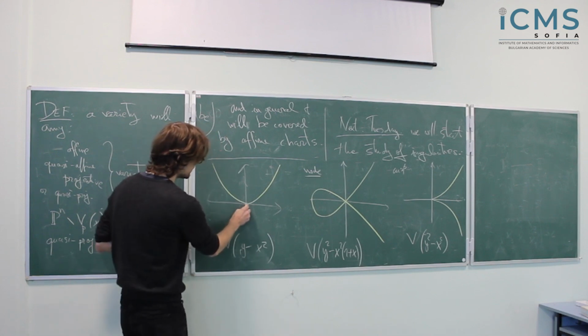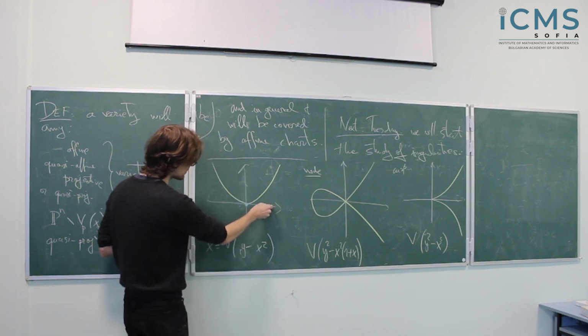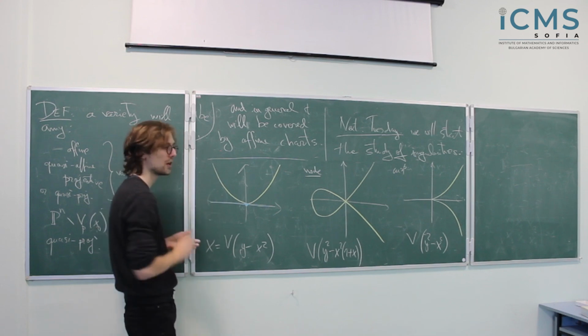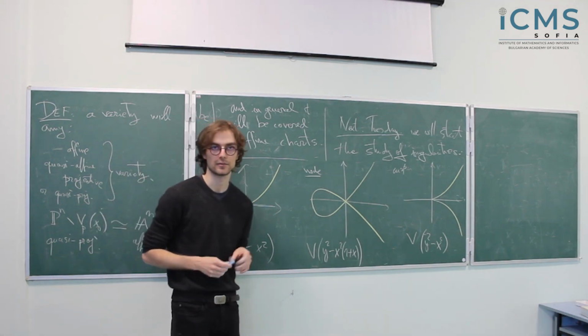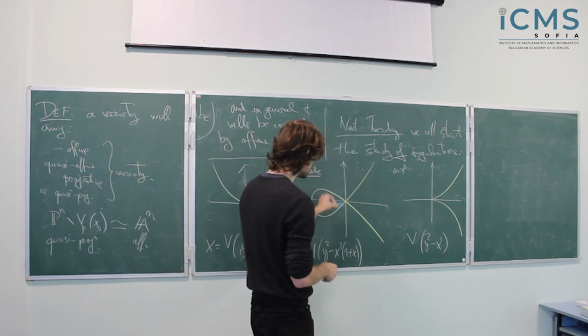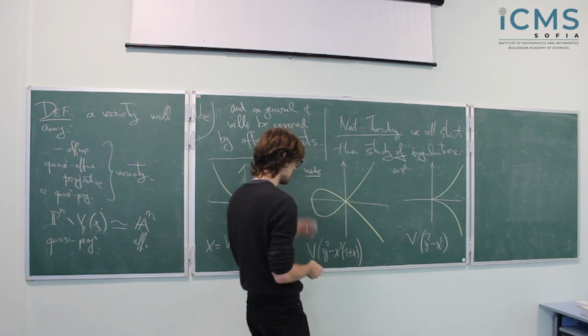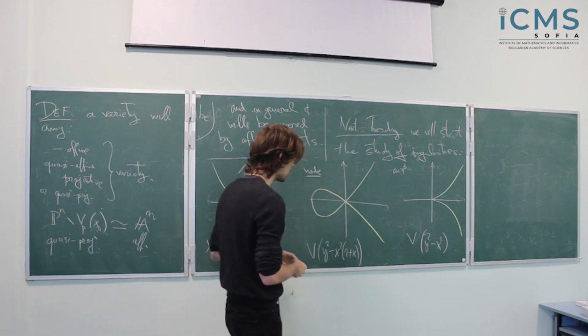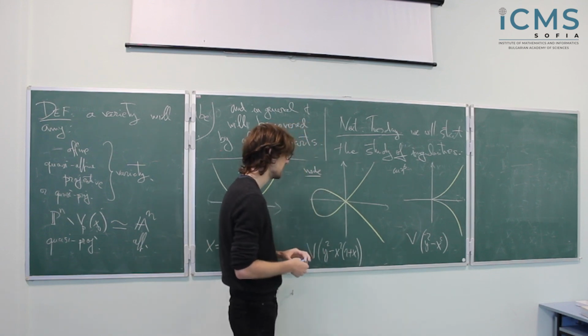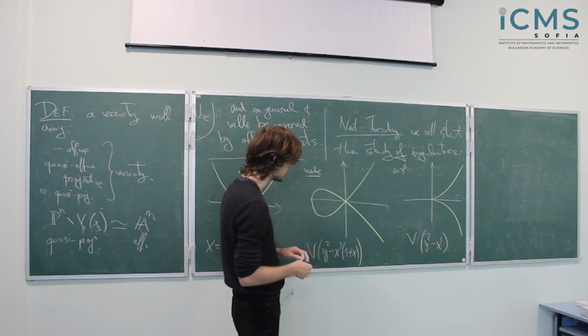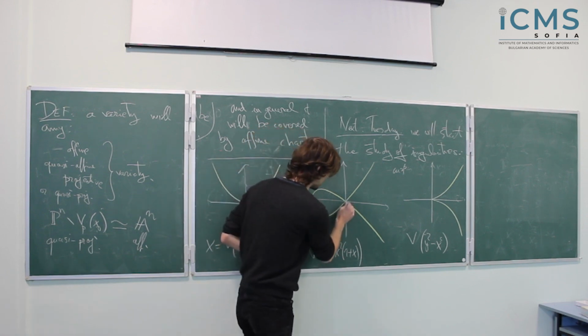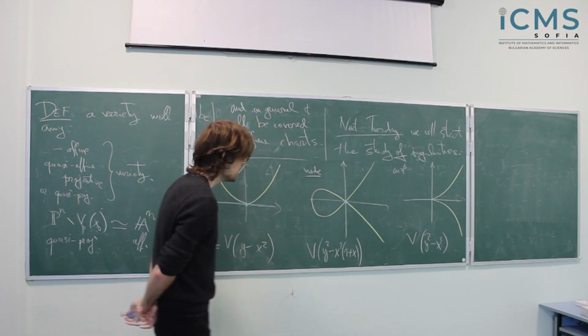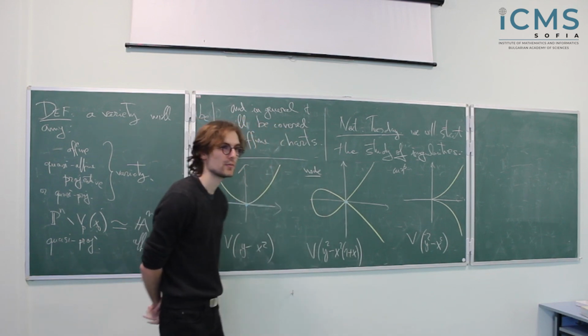If I consider the origin here, the tangent is more or less easy to define, like this. Right? But here there's a little problem going on, because if we consider the origin here as well, there are 2 different ways we can say.